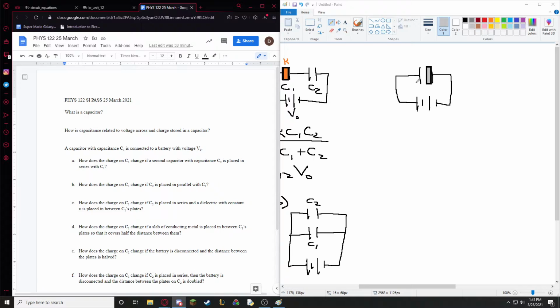What does placing this conductor here effectively do to the capacitor? Yep, exactly, Kevin. It effectively halves the distance between the plates. So how does that affect the capacitance? What does halving the distance do?